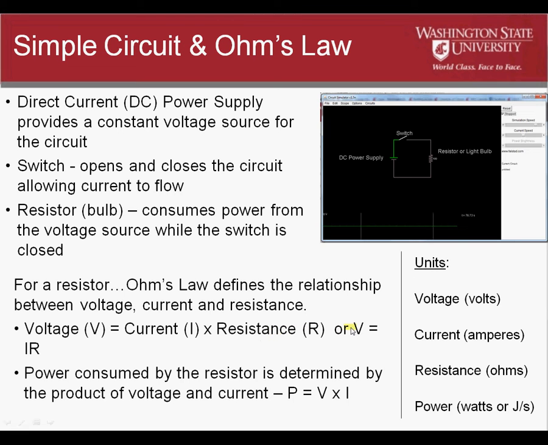So the common phrase is V equals IR. And the power being consumed by that resistor is going to be the product of voltage and current. So the power is voltage times current. And again, just to reiterate, voltage is measured in volts, current in amperes, and resistance in ohms. And power is in watts, or the units underlying that are joules per second.